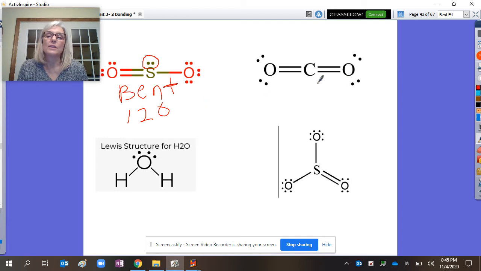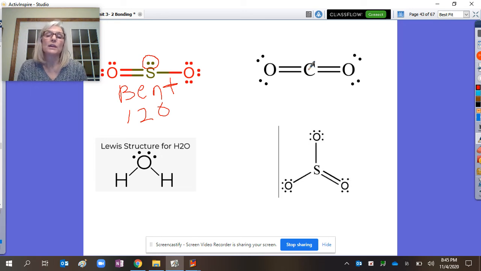All right, now let's look at this one. Notice there's no unshared pairs. So that means 0, of course. And then you're just counting how many atoms are bonded to this carbon. You're not going to count 1, 2, 3, 4 bonds. That's just the type of bond it is. It's a double bond.